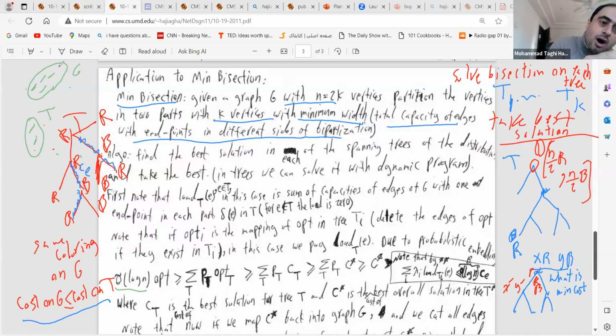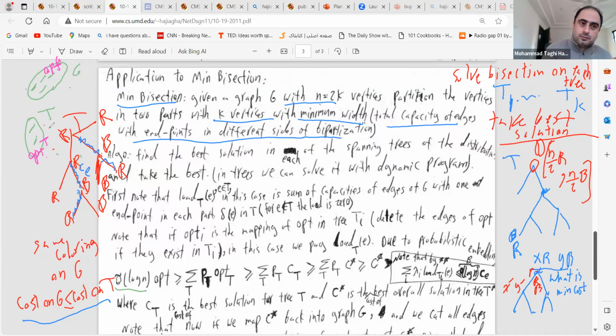So from opt of G here, you get another opt here, opt of T. This is opt of the original graph, and this is opt of T. From any of these trees we essentially get the same thing.